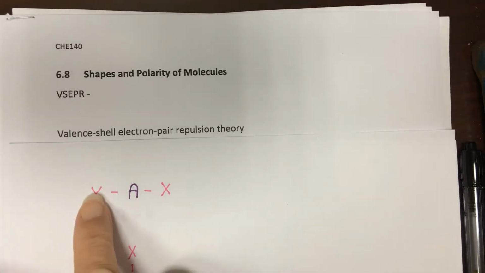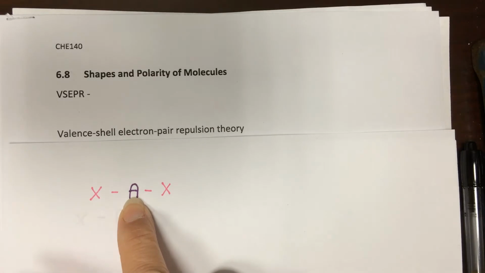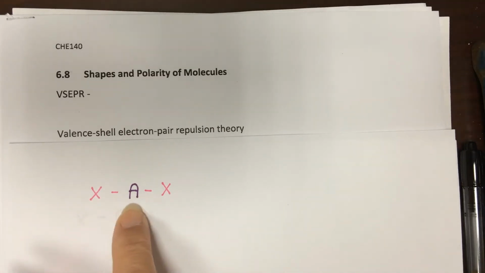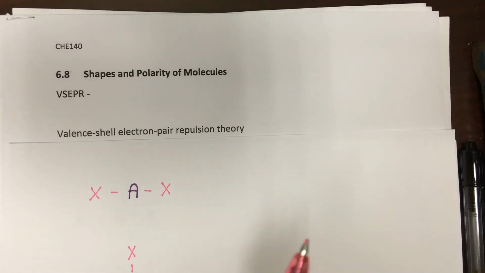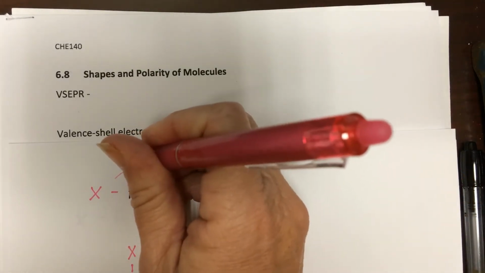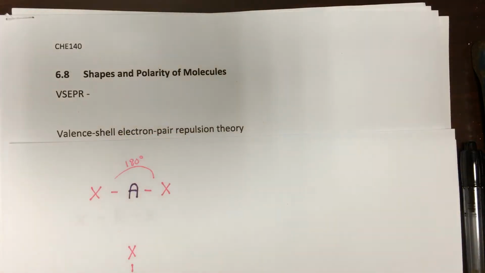So here's our first Lewis structure. A stands for any atom, and these are the atoms that are bonded to A. Electron groups don't like each other, so they will try to spread out as much as possible. So if we have two groups, we will find that they are 180 degrees apart.